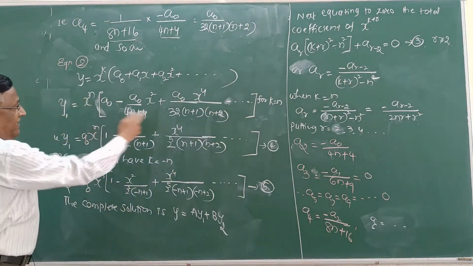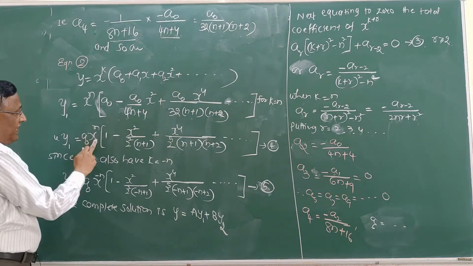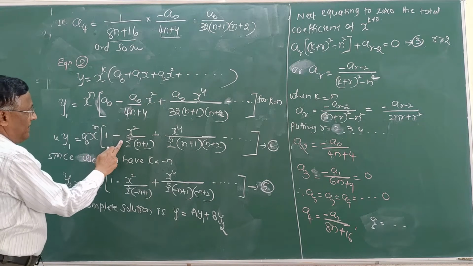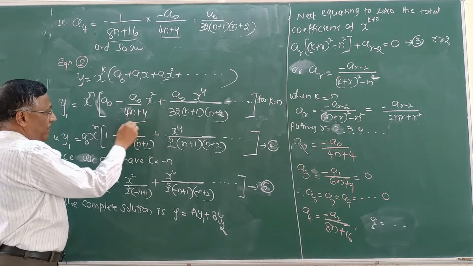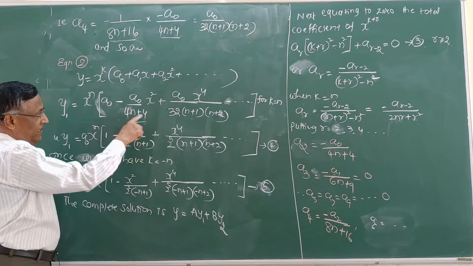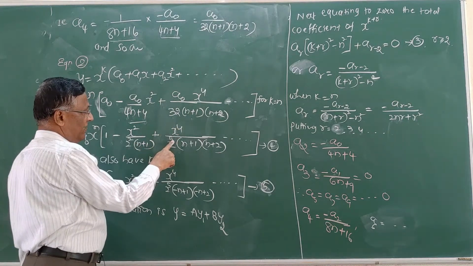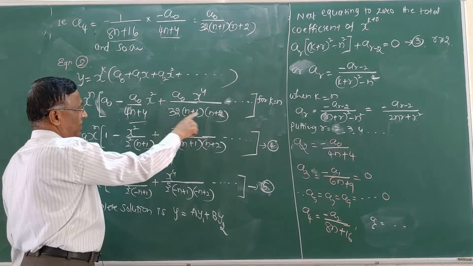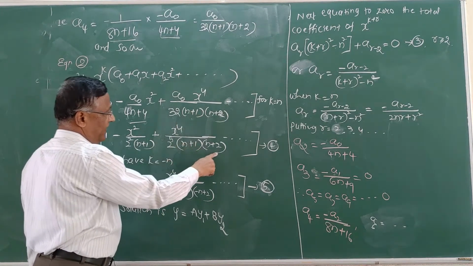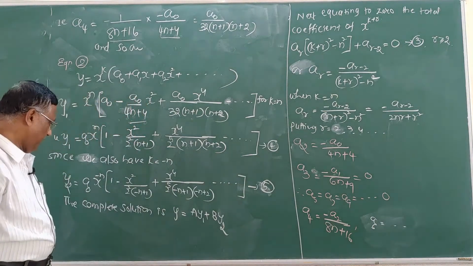Or we can take a0 common: a0 into x raised to n into bracket 1 minus x square divided by 2 square into n plus 1, plus x raised to 4 divided by 2 raised to 5 into n plus 1 into n plus 2, and so on. Let us call this equation number 4.